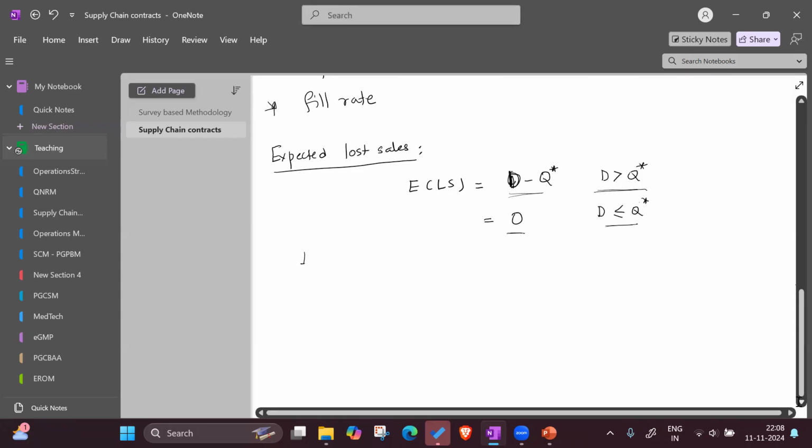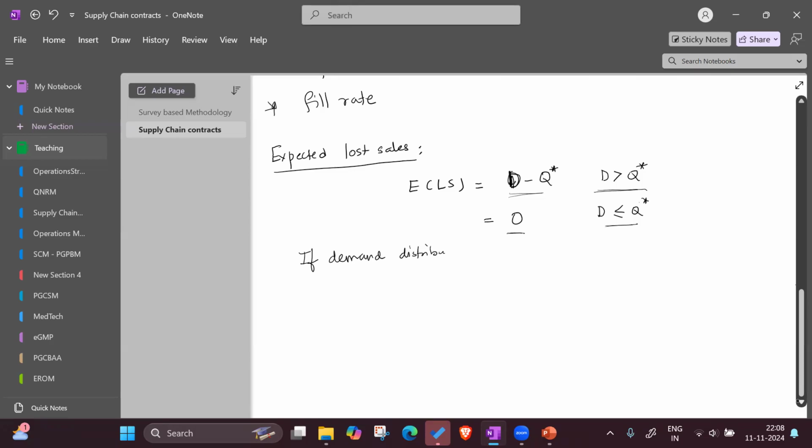Ideally, if the demand distribution was discrete, like a Poisson or binomial distribution, expected lost sale would have been D minus Q star multiplied by the probability of D greater than Q star, plus 0 multiplied by the probability of demand less than or equal to Q star.